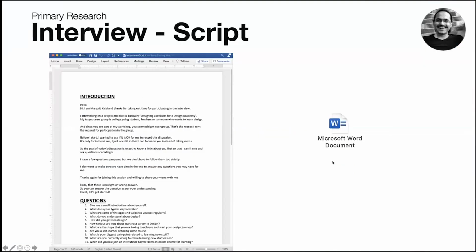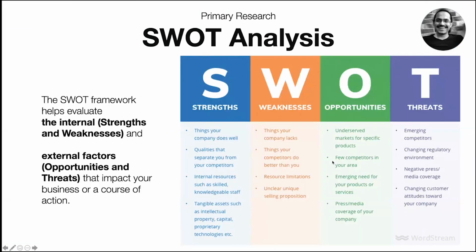Along with that, we also try to do a SWOT analysis of the company or the product. So what is SWOT analysis? SWOT analysis is a framework that we use to understand the strengths and weaknesses of the company, and also the opportunities in the market and the available threats in the form of competitors.